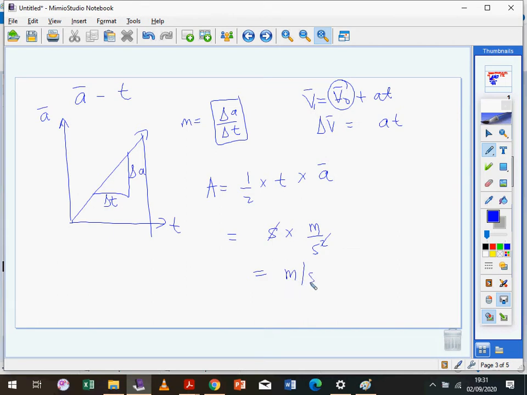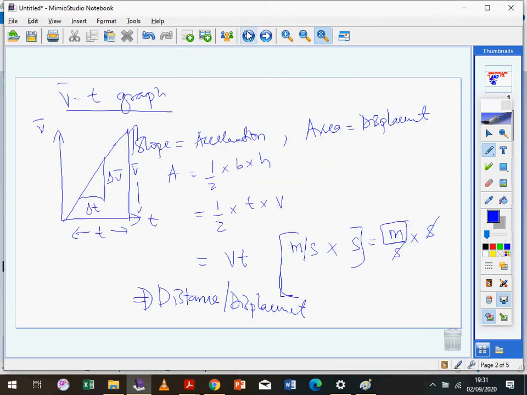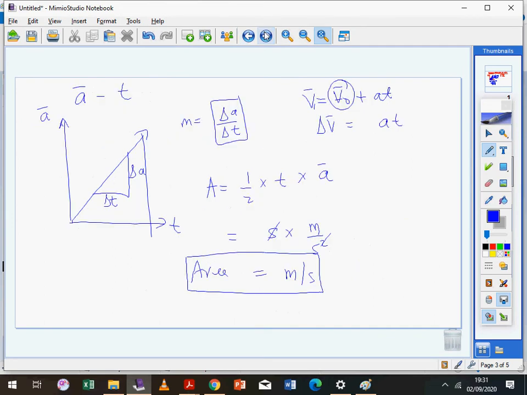So I know that the area under an acceleration time graph gives me the velocity of the object. Alright, so that's the slope of those graphs and the area under the graph. Every time you find a graph, please think about what the slope represents and what the area represents. If one of them is meaningless, the other one is going to have some kind of meaning.